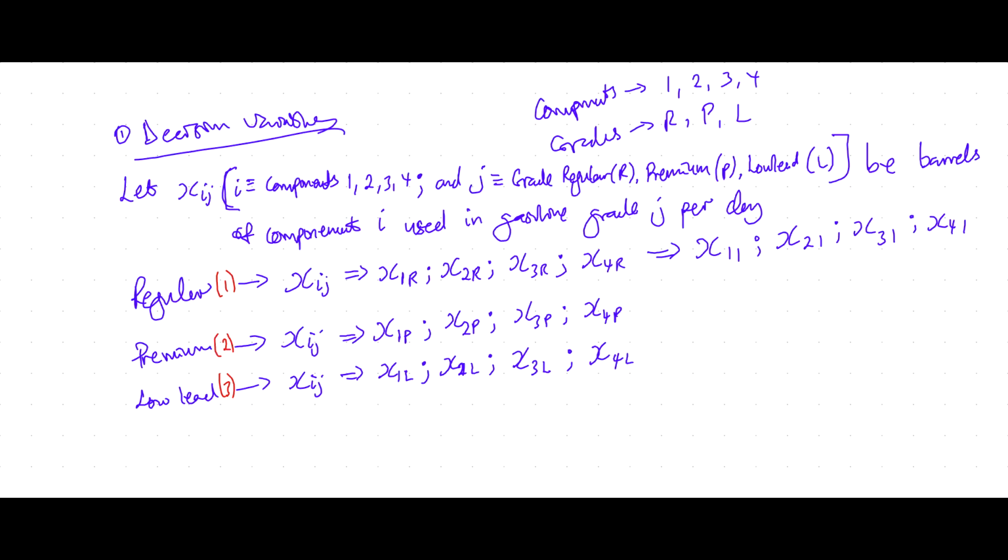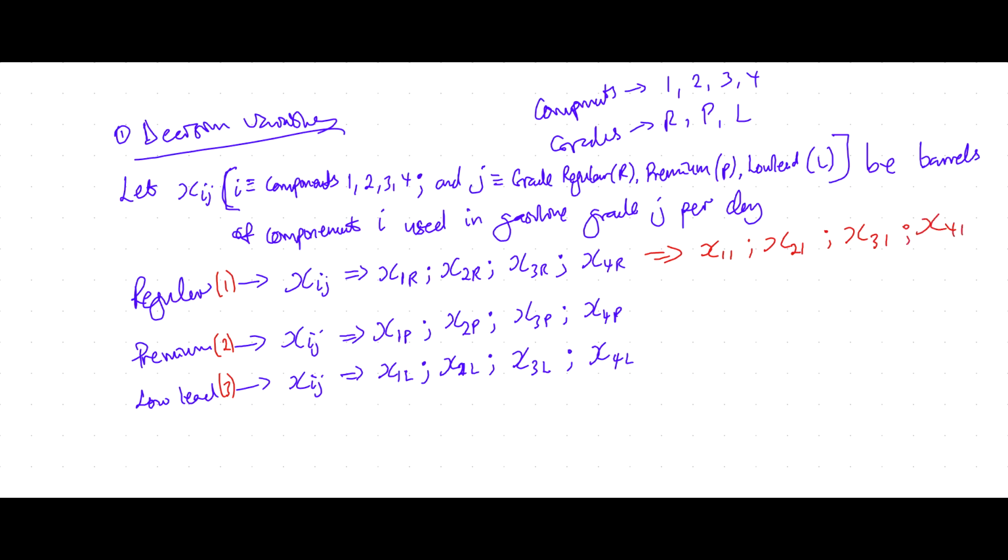I'm just trying to represent this. Let me use a different color so that we can appreciate the variations here. So the variation here is that I'm using X11, X21, X31, and X41. So 4 components in regular.